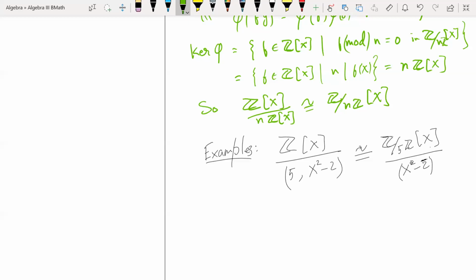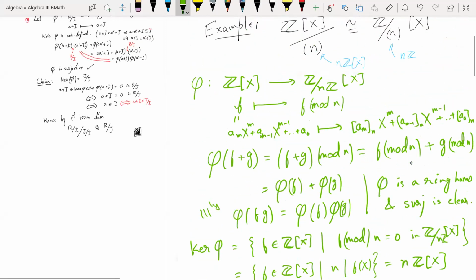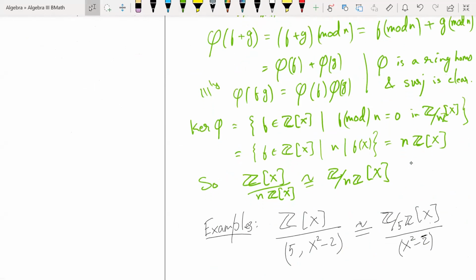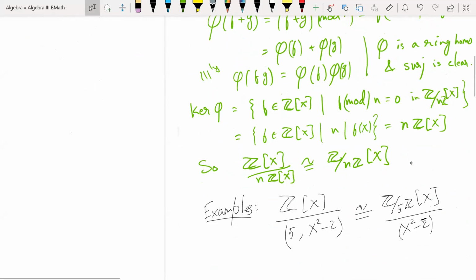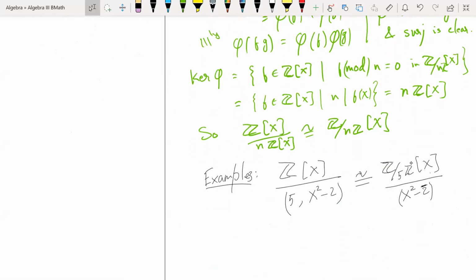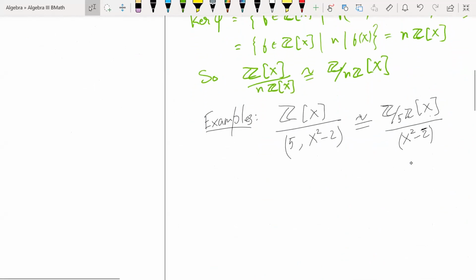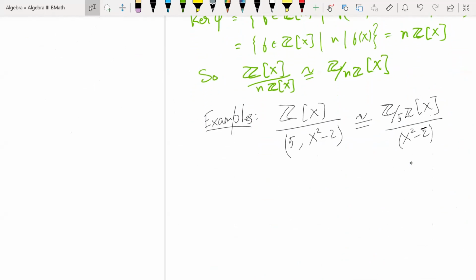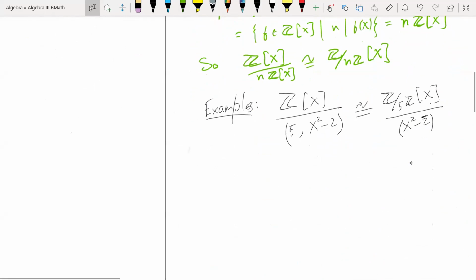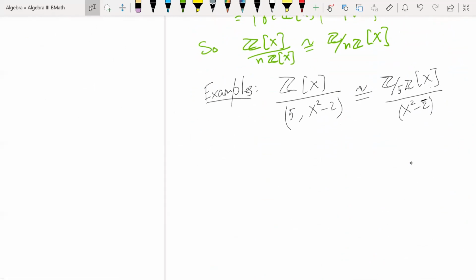So Z[x] mod this kernel is isomorphic to the polynomial ring in one variable over Z mod nZ. Okay, any questions about this example? So instead of going through example 2, I'll directly jump to example 3. Example 2 was discussed towards the end of the last lecture, so you can read the notes from there. It is actually similar to example 2, so you won't lose much.